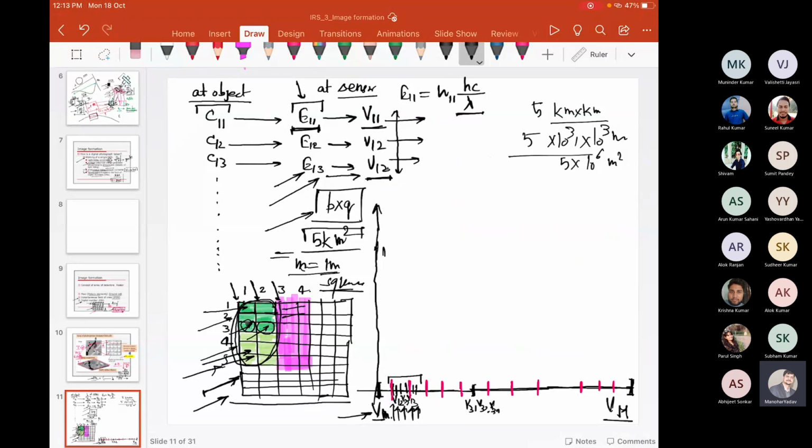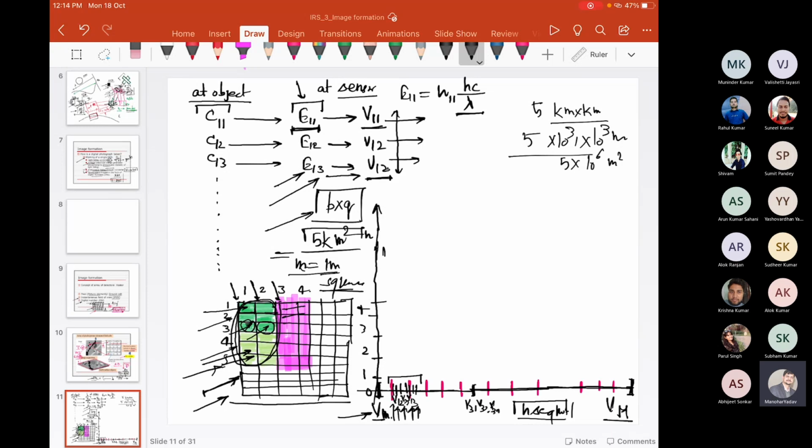If we divide this V minimum to V max into n segments, n segments means n decimal numbers. So we write over here, starting from 0, 1, 2, 3, 4 till n.